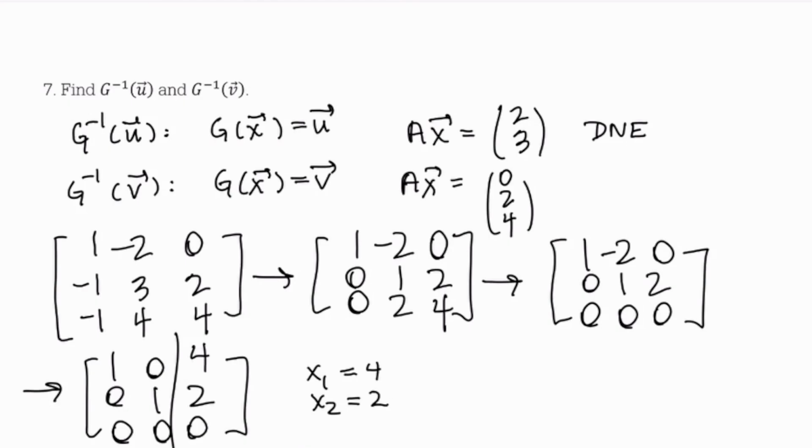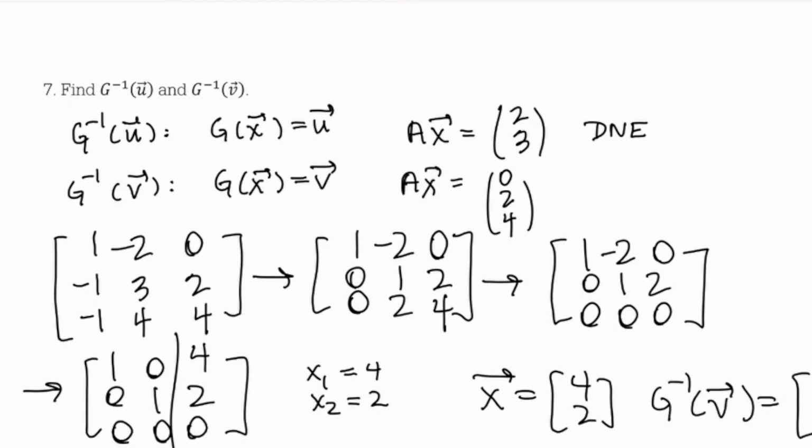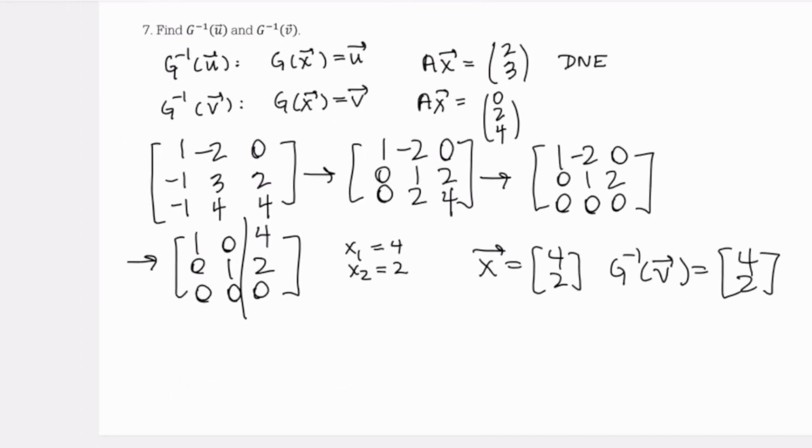I don't have enough columns to be talking about x3. Moreover, I'm solving for the vector in the domain of g that gives me an output of v. The domain of g is R2, so I'm looking for a two-dimensional vector, and that's why I have one solution, and it's 4, 2. The g inverse of v equals the vector 4 and 2.